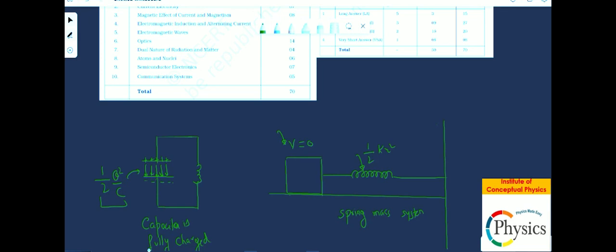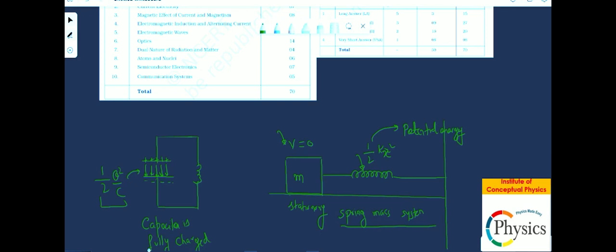Now if you notice, this energy is the potential energy, the spring potential energy. There is no motion involved in the situation which I've just shown you. The block is stationary, or so to say, the mass is not moving.